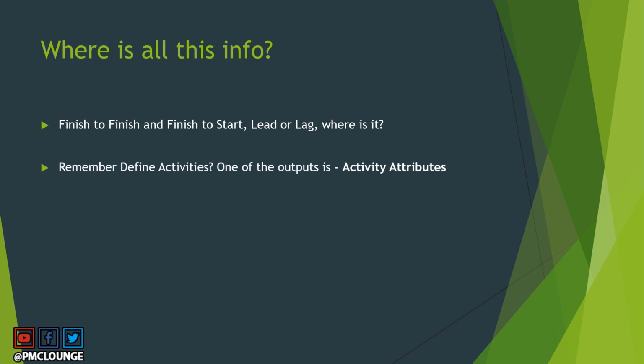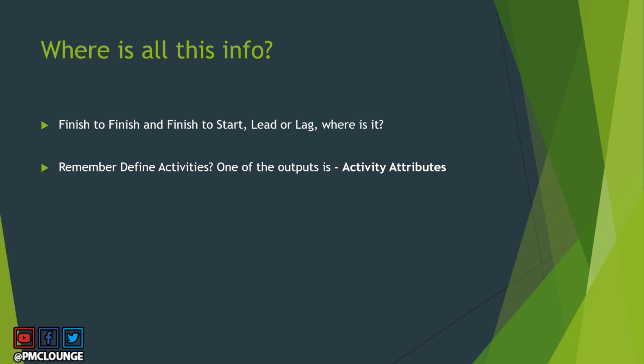Now, if you remember, one of the processes of schedule management knowledge area was define activities. One of the outputs of this process was activity attributes. And I'll share a link to the video where we talked about define activities process in the description below.